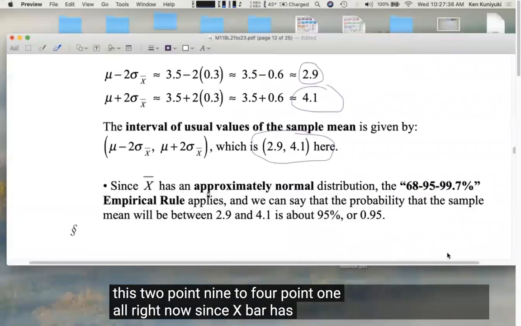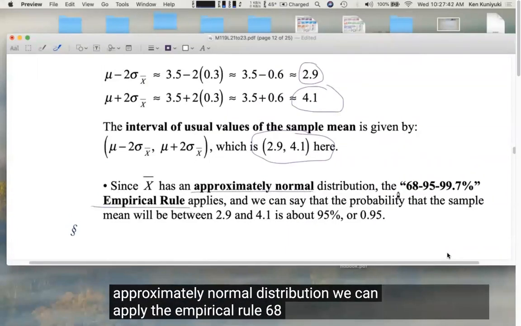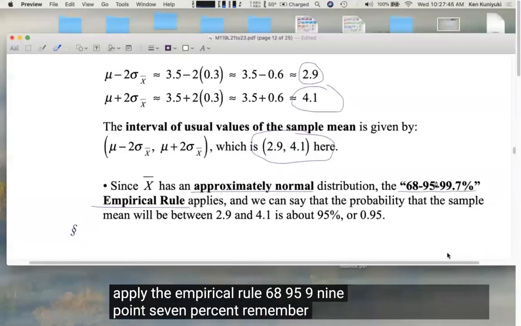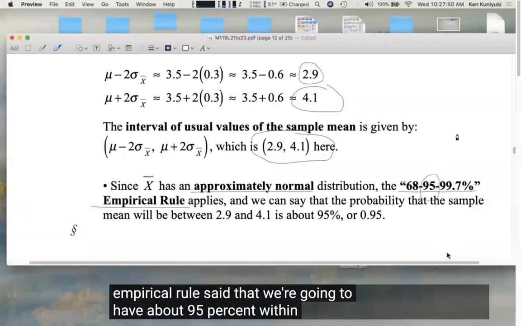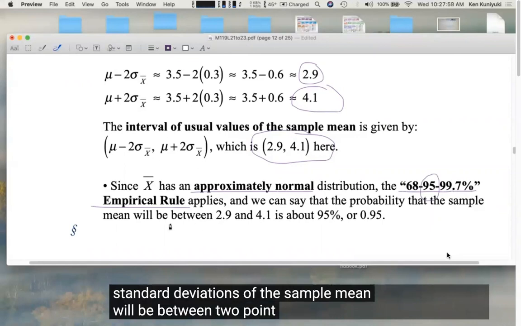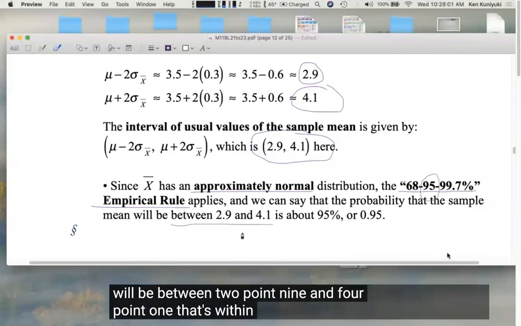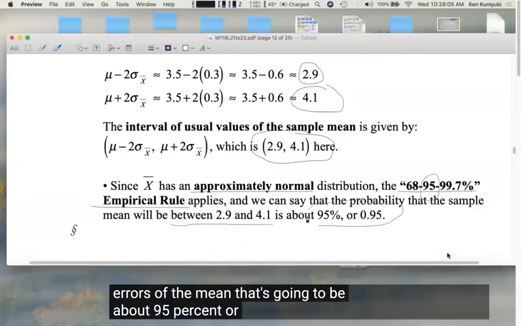Now, since x bar has an approximately normal distribution, we can apply the empirical rule, 68, 95, 99.7%. Remember, the empirical rule said that we're going to have about 95% within 2 standard deviations or 2 standard errors of the mean. So we can say that the probability that the sample mean will be between 2.9 and 4.1, that's within 2 standard errors of the mean, is about 95% or 0.95.